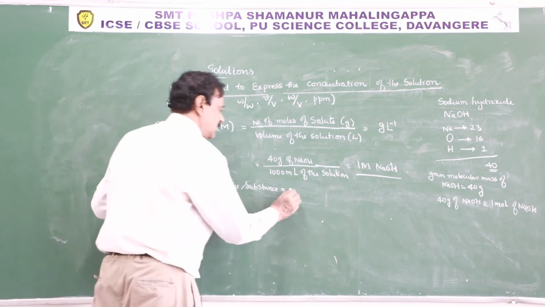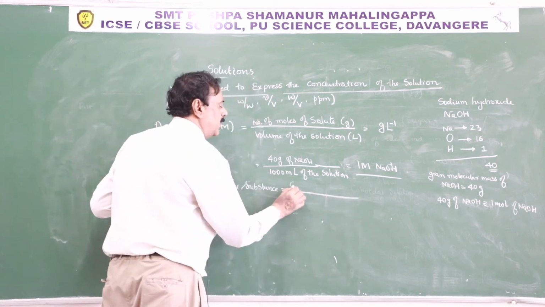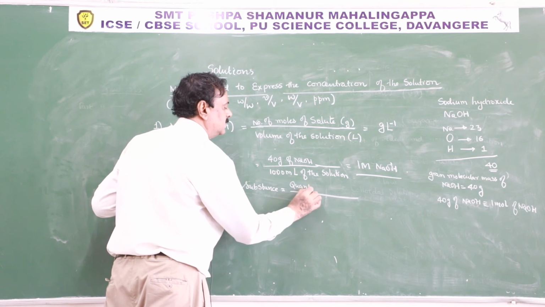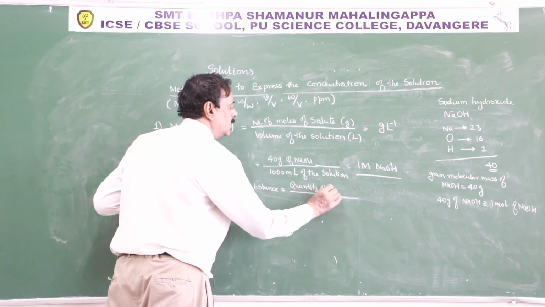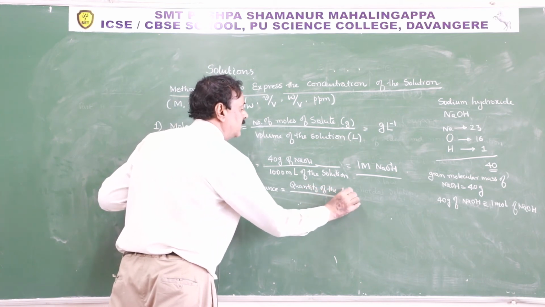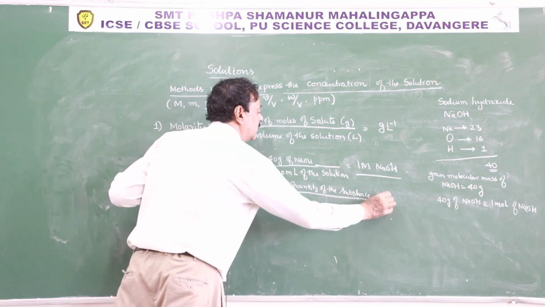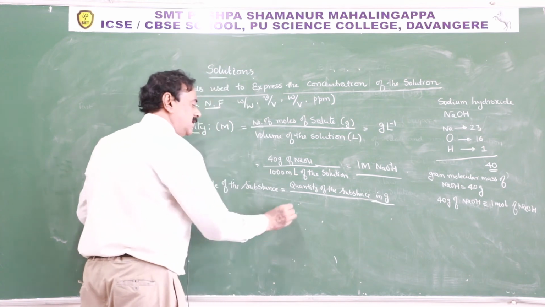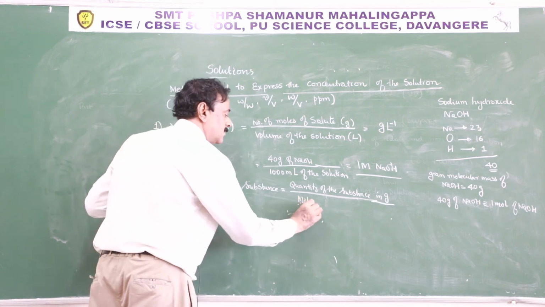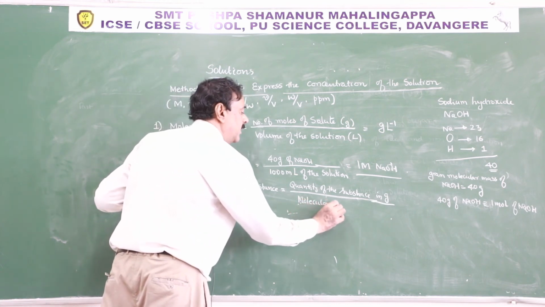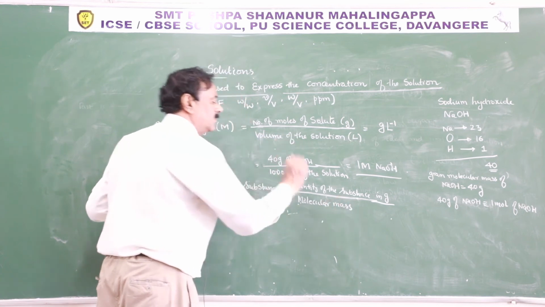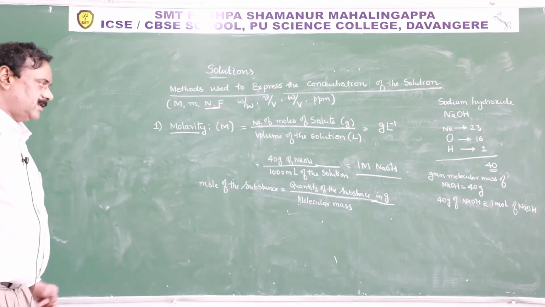Mole of the substance is given by the quantity of the substance in gram divided by its molecular mass.